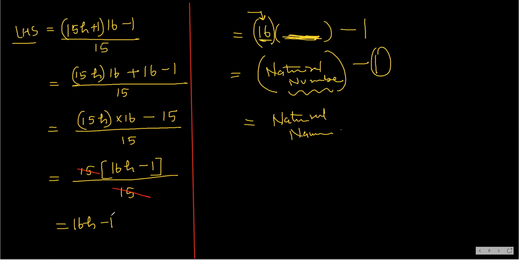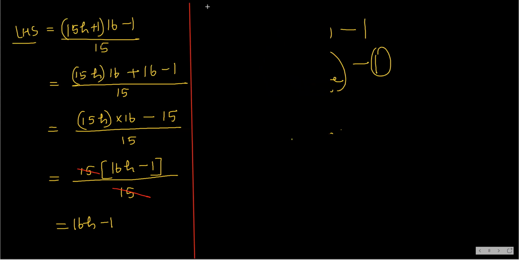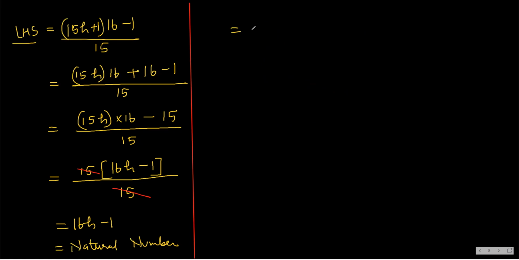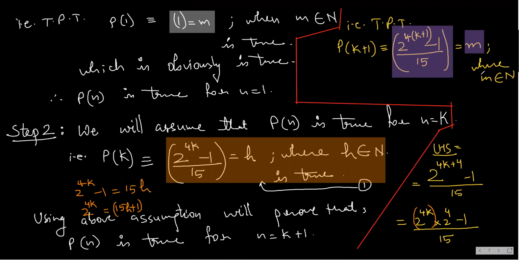So this 16h minus 1 is a natural number, which is equal to RHS, because what we needed, M, was nothing but a natural number.